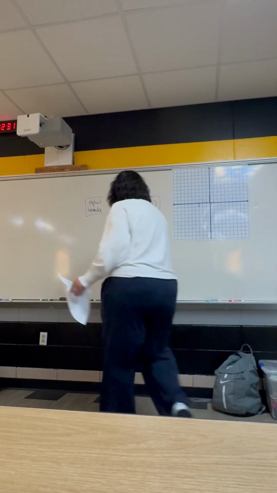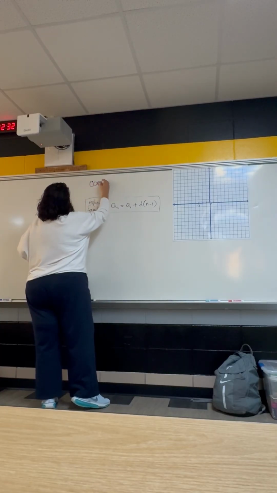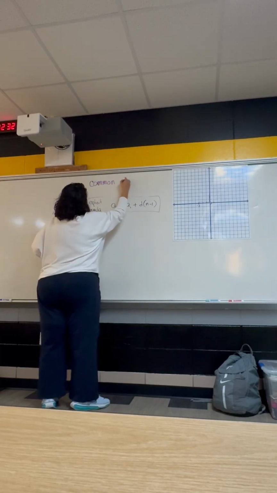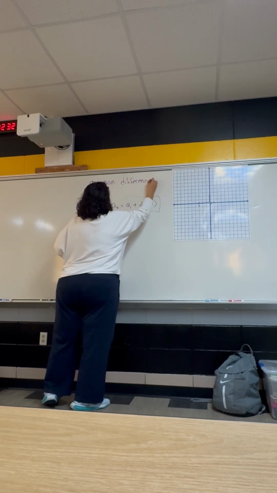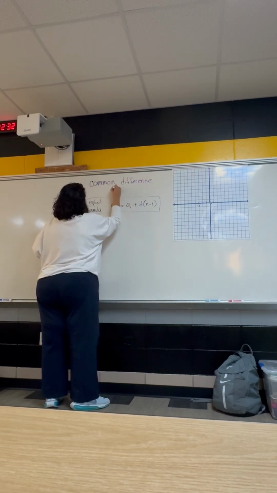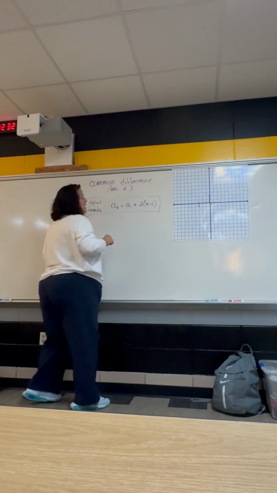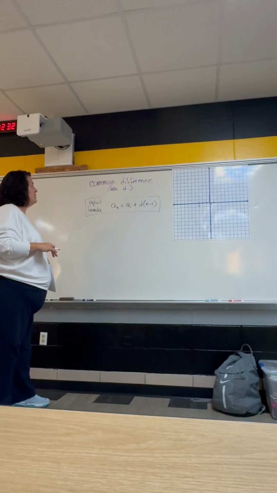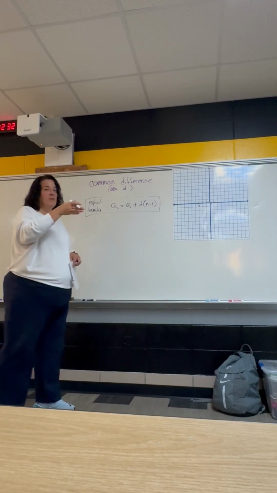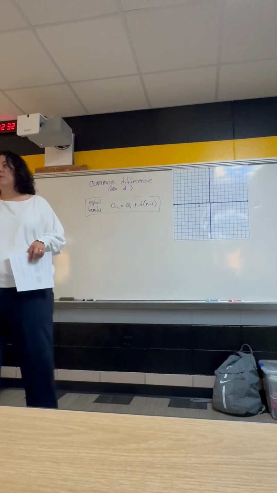Okay, let me write it down so you can have it for your paper. Common difference. Common difference is also known as, and most often referred to as, D, the letter D. So the common difference is the difference between one number in the sequence to the next number, to the next number, and to the next number.